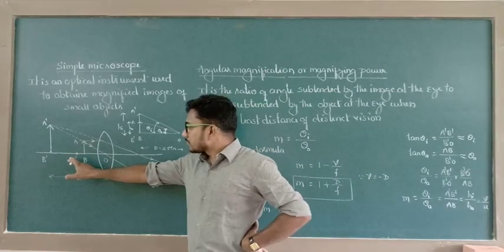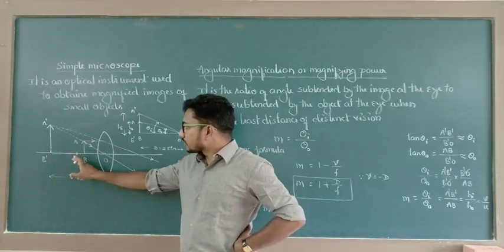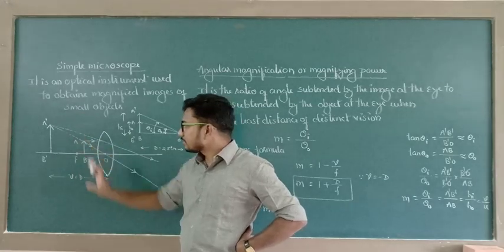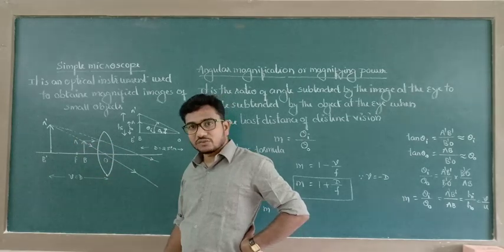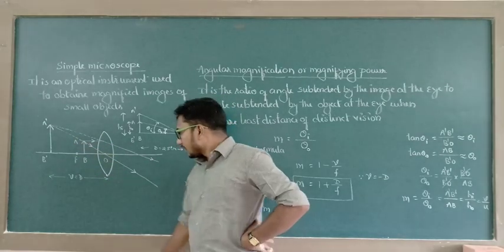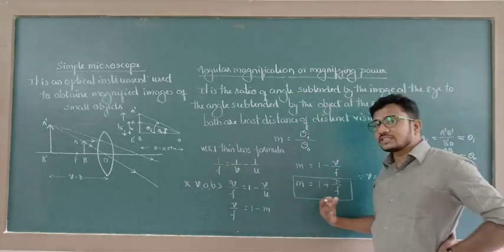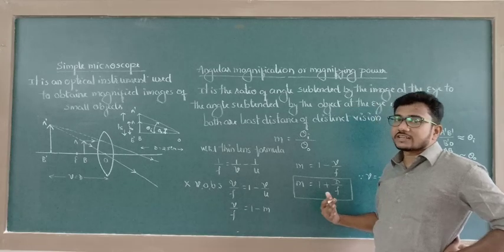An object lies between the principal focus and optical center, then a virtual erect magnified image lies on the same side of the object beyond the principal focus. And apart from that, they are going to ask for this equation, M is equal to 1 plus D by F, and hence explain the terms.